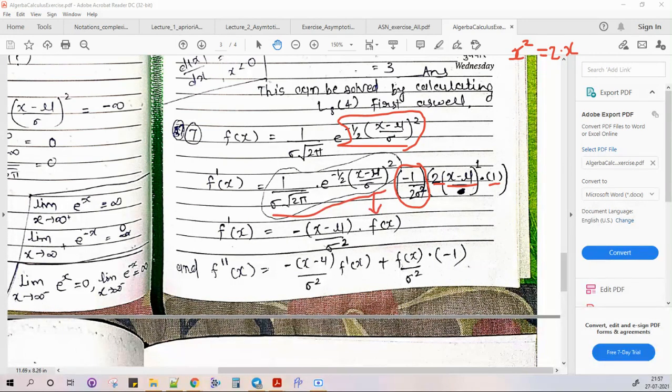And this part, if you think, you can write it as, this 2 and 2 will cancel out, and minus of x minus mu divided by sigma square, right? So this is the differentiation. Now let's calculate the f double dash x first. Then we will make this equal to 0 to find the minimum and maximum, right?